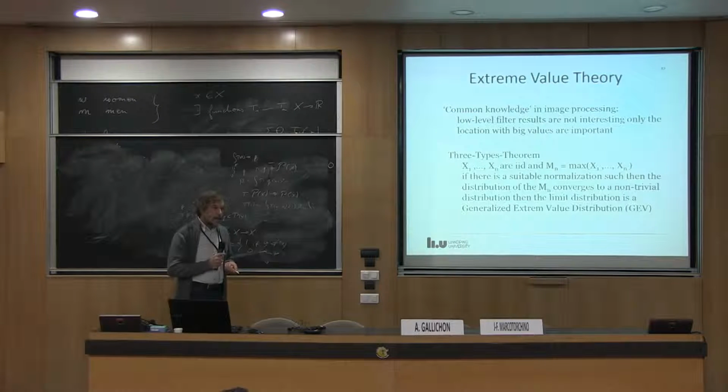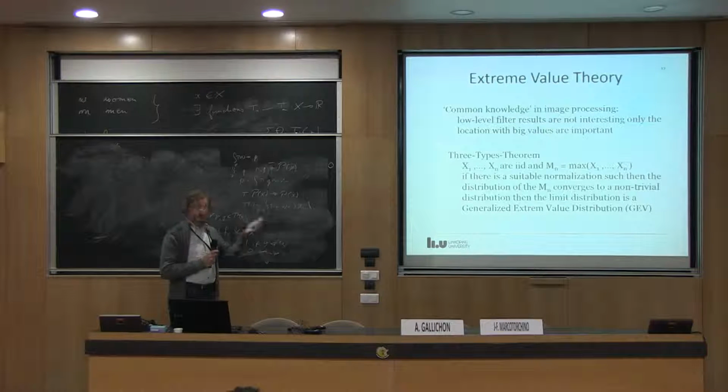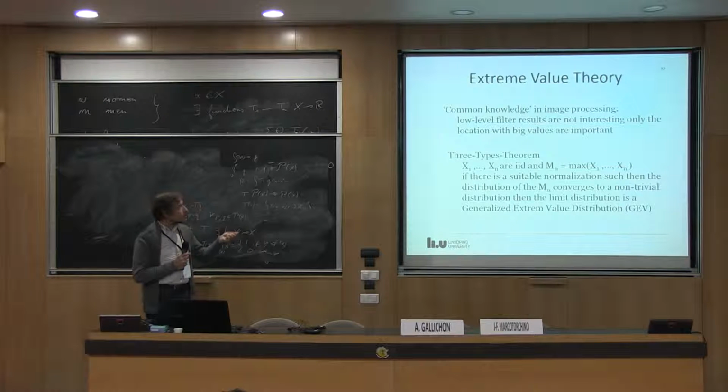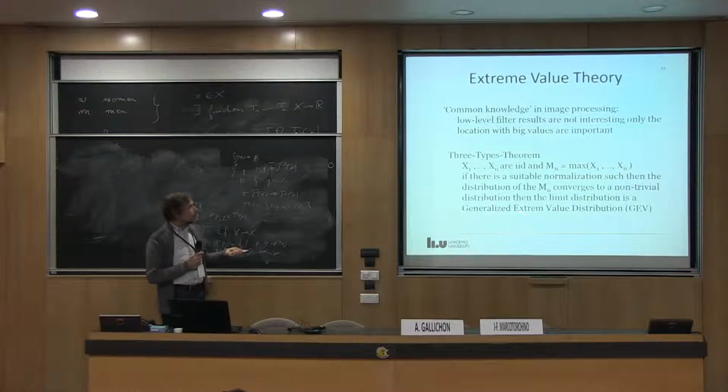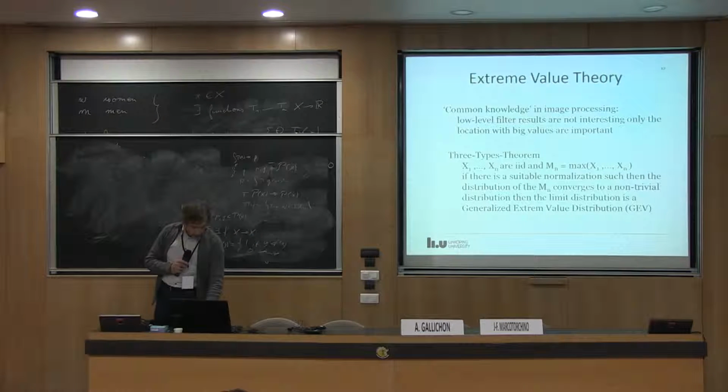So it's a type of limit theorem like the normal distribution, where you replace the sum with the maximum. So if you look at the maximum of these filter responses, and you can normalize it somehow, then they will converge to one of these GEVs. So that's the first step.